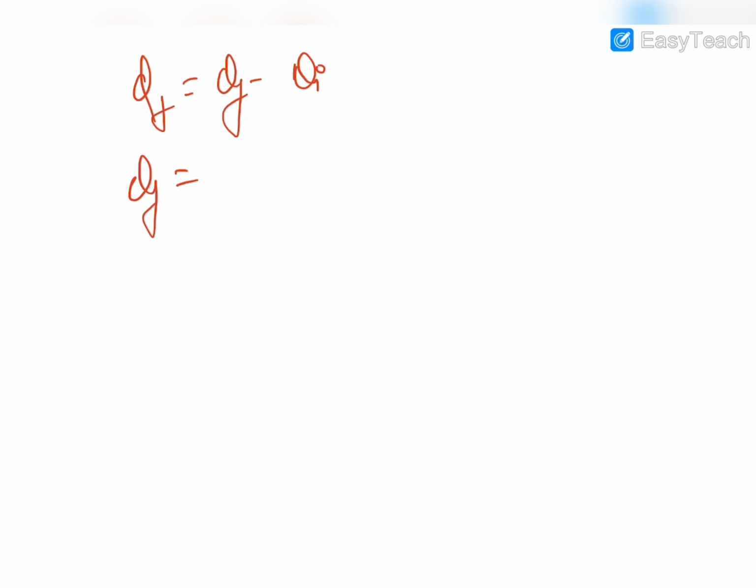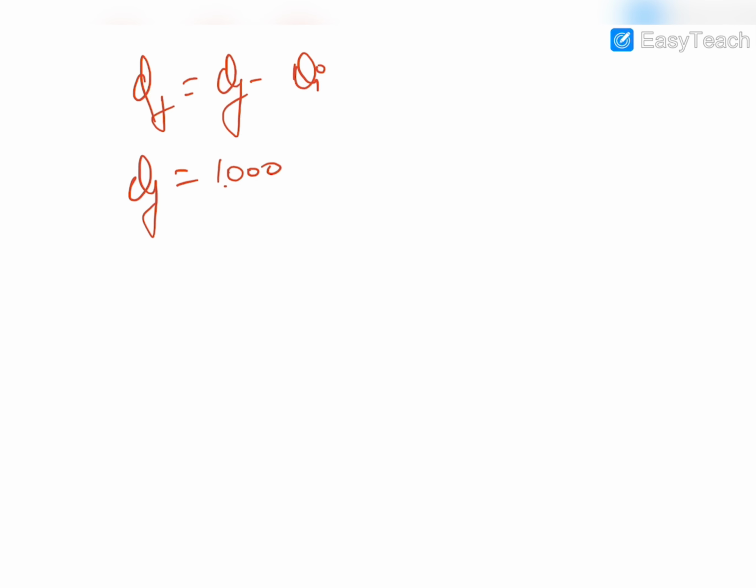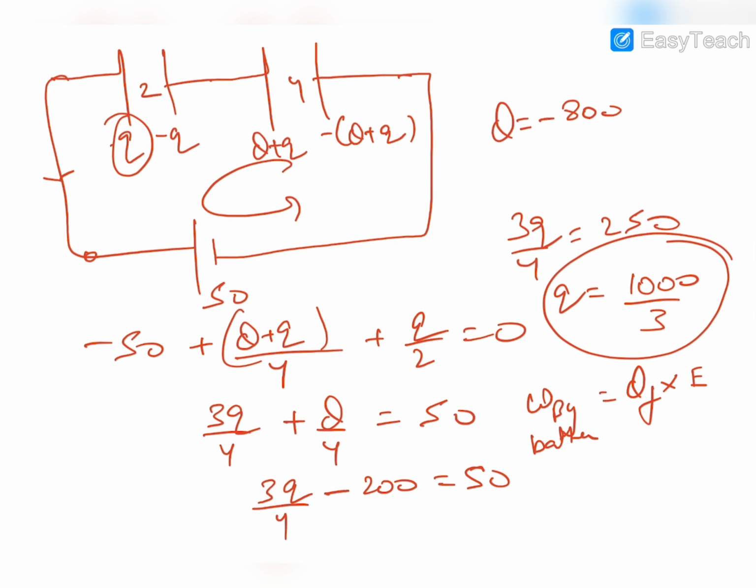So final charge is 1000 by 3, and initial was 200. So Q flown will be 400 by 3, and work done by battery will be 400 by 3 into EMF of the battery, which is 50.